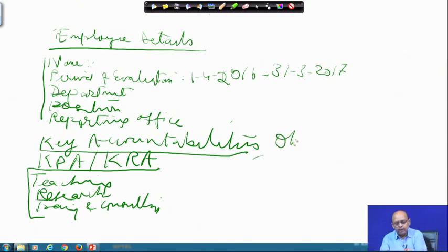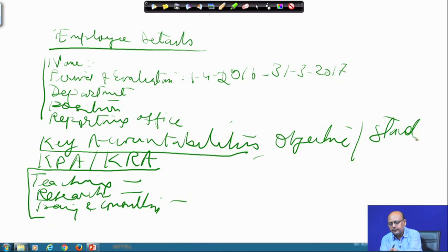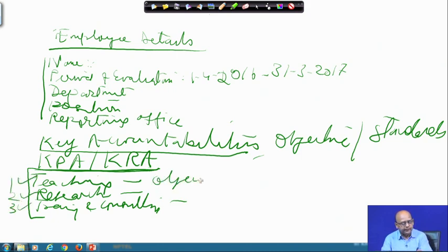Then for each of them you are also writing the objectives in each of these areas. Then you are also writing standards against which the performance will be evaluated. So, you are not only writing KPAs and KRAs, but for each of these 3 areas, objectives 1, 2, 3, you are also writing the objectives that are to be achieved.